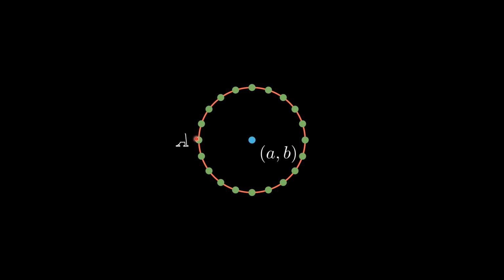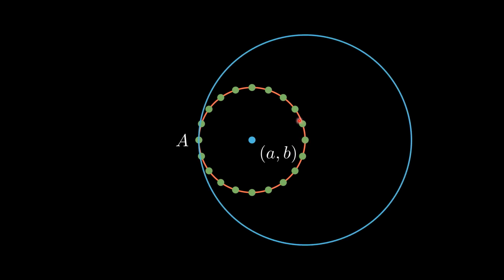Let's take point A. This point A could be here, it could be here, it could be whatever point you choose. And so if we draw a circle of the radius that spans each point to point A, for all these points that we've created, then we're going to create a very interesting figure.